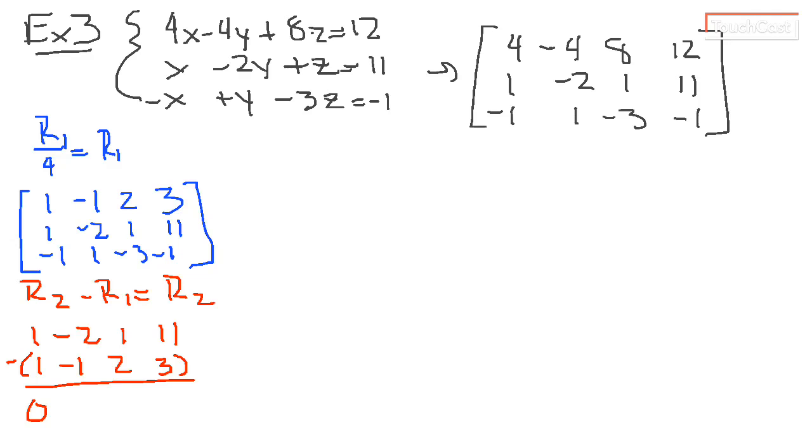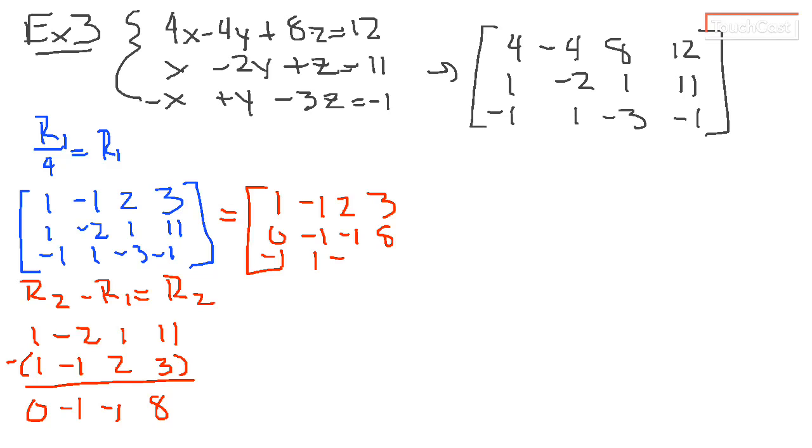Negative 2 plus 1 is going to give us negative 1. 1 minus 2 is negative 1. And 11 minus 3 is 8. So now my matrix looks like 1, negative 1, 2, 3, 0, negative 1, negative 1, 8, and negative 1, 1, negative 3, negative 1.